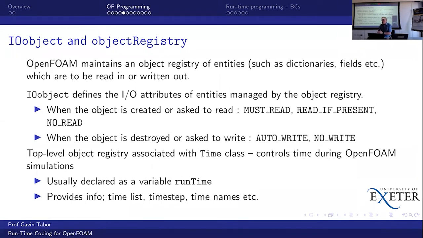And if you know how, that enables you to access it anywhere in your code and manipulate it and make use of it. In order to do this, every time we create an object, we use something called IO object. And this defines the behavior of the object when it's being created, when it's being destroyed, and what happens at each time step and what happens every time we want to write out to the disk.